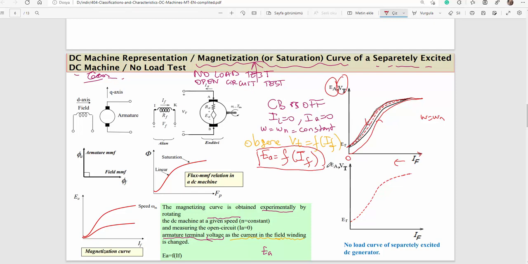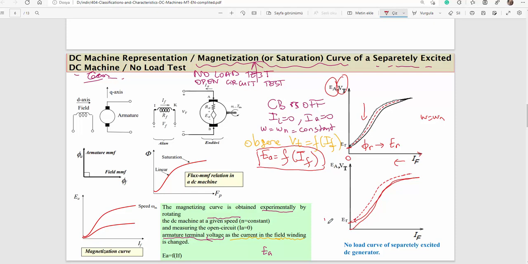It comes back in a different path due to the hysteresis effect. And then when you continue making these experiments, you get such a loop because there is a residual or remaining flux in the machine resulting in remaining EMF. If you have a brand new machine, it starts from here, saturates and comes back somewhere here.